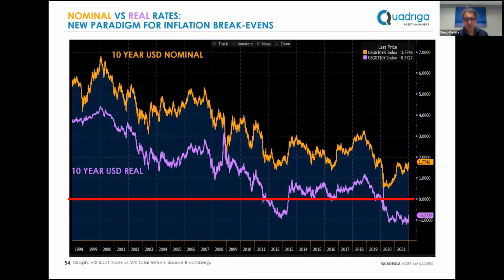And I think it's important also to bring another dimension. We'll just focus on the 10-year for now, and also take a historical perspective on nominal rates, so what you see, and real rates, which is what you get after inflation. And this is pretty fundamental. We've seen inflation somewhat contained, at least official inflation. We all know that your basket or my basket is very different from the official one.